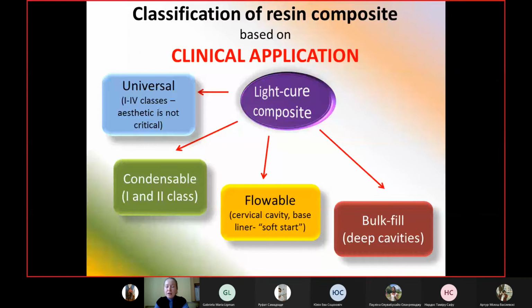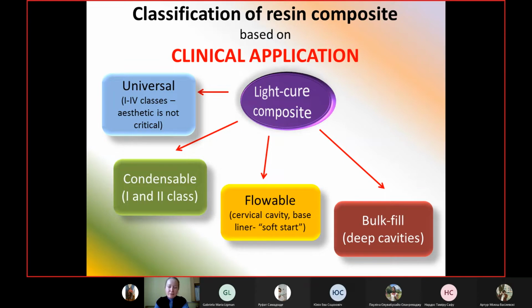And bulk fill composites are used in deep cavities for quick and fast restoration of them. Manufacturers claim that they don't have a very big polymerization shrinkage.